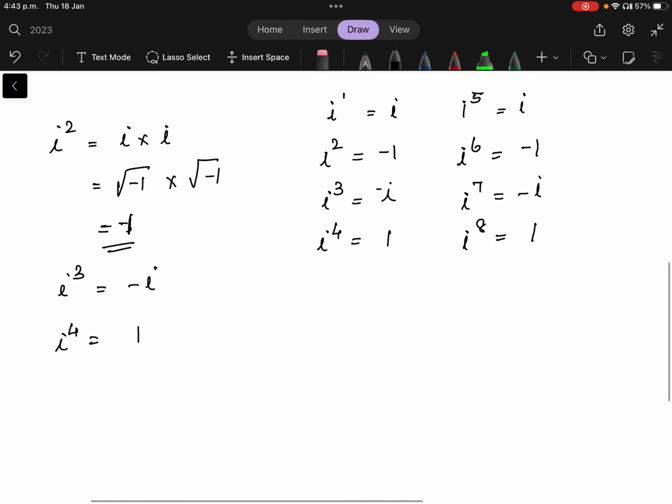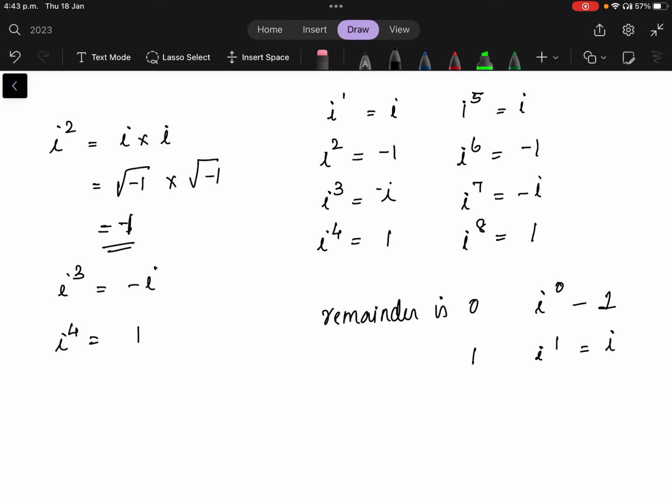To simplify any power of i, like i to the power of 25, you divide the power by 4. If the remainder is 0, i to the power of that number will be equal to i to the power of 0, which is 1. If the remainder is 1, it will be i to the power of 1, which is equal to i.